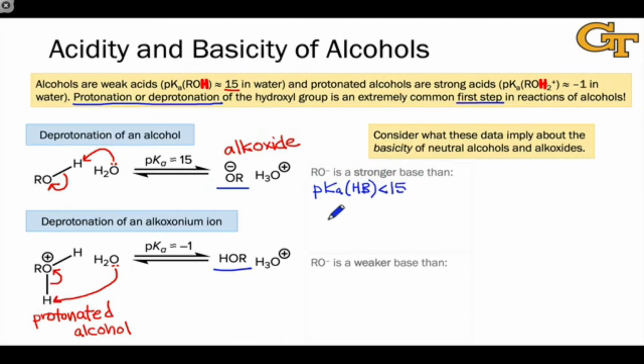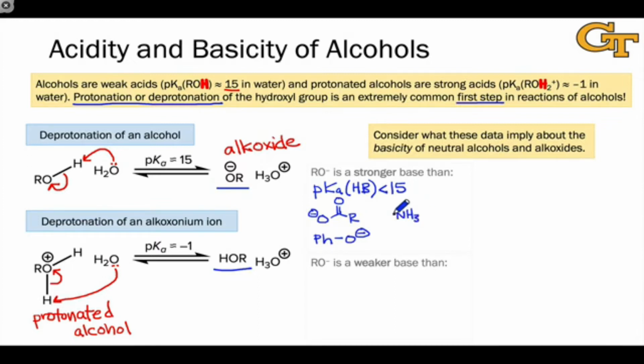So let's focus on the bases for which RO- is a stronger base, so the B-'s. For example, a carboxylate, where the pKa of the conjugate acid, a carboxylic acid, is about 5, is one example. Phenolates, which are a type of alkoxide where instead of an alkyl group, we have a phenyl ring here. We looked at phenol, for example, in the previous video. Amines, RO- is a stronger base than an amine such as ammonia, NH3.